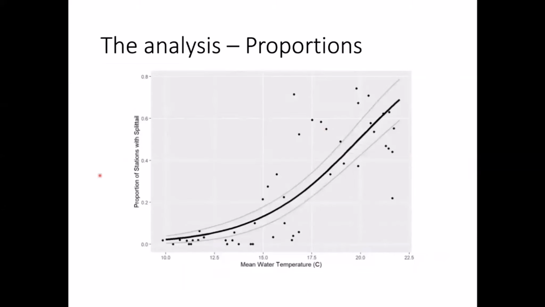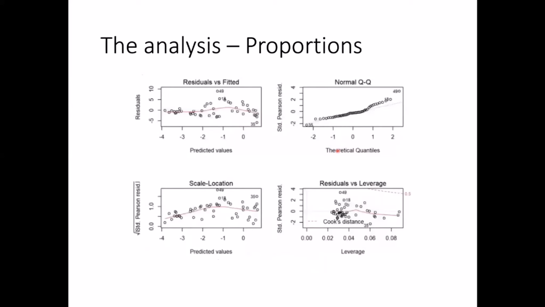So when we plot the predicted relationship, which is the black line and 95% confidence intervals, the gray lines, we could see that over the top of our observed data, it seems to look like there is a pretty strong relationship there. But again, we have to check how well that model fits the data.